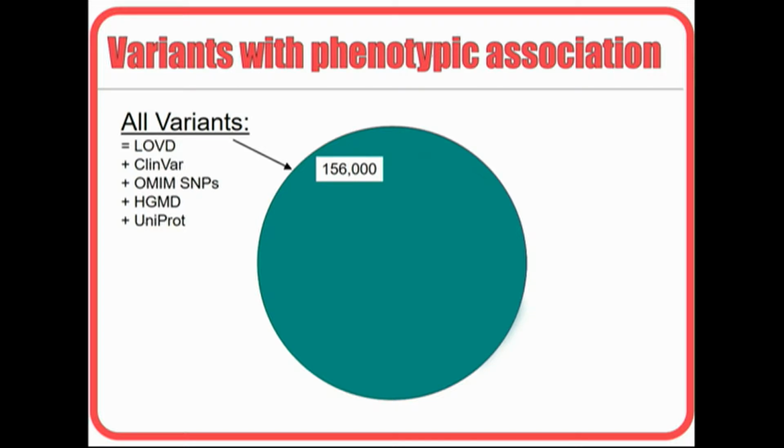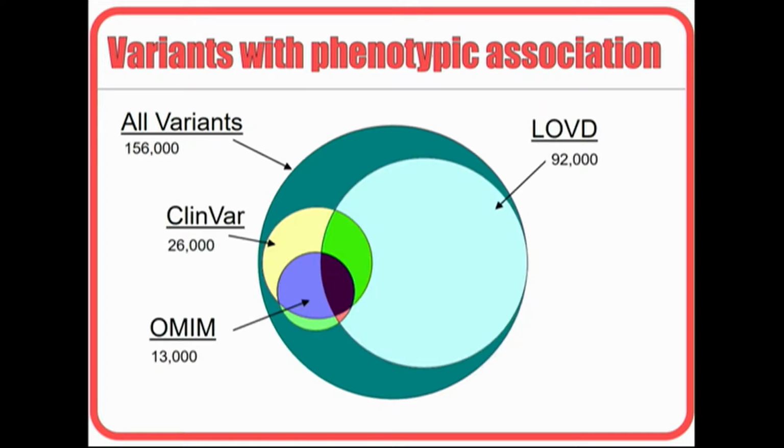So another type of variation that's relevant, especially in this room, is variation with phenotypic significance. I made this particular slide about 5 years ago when the total number of variants was quite a bit smaller than it is now. But the point I want to make about it is that no matter which database you use for your phenotypically significant variants, you're going to have some variants that are known but just not in that database.